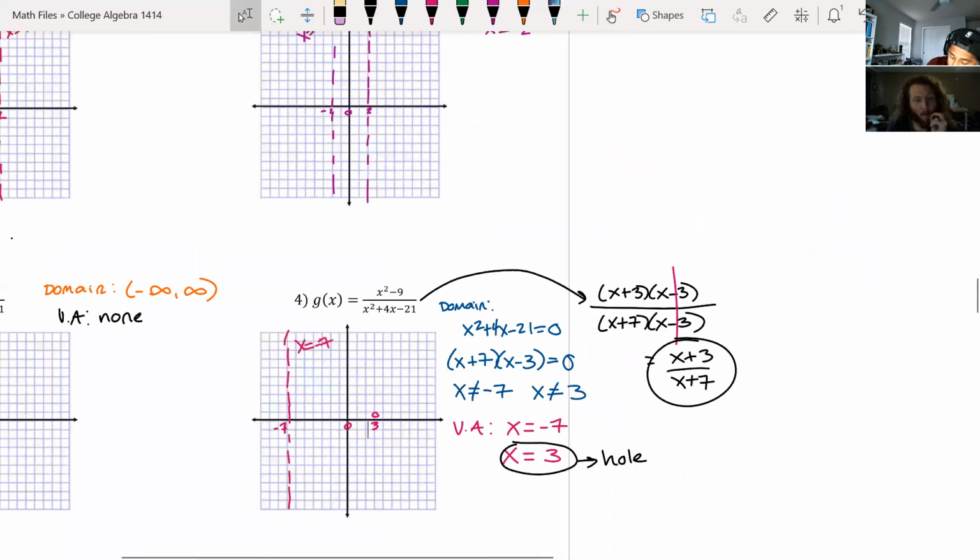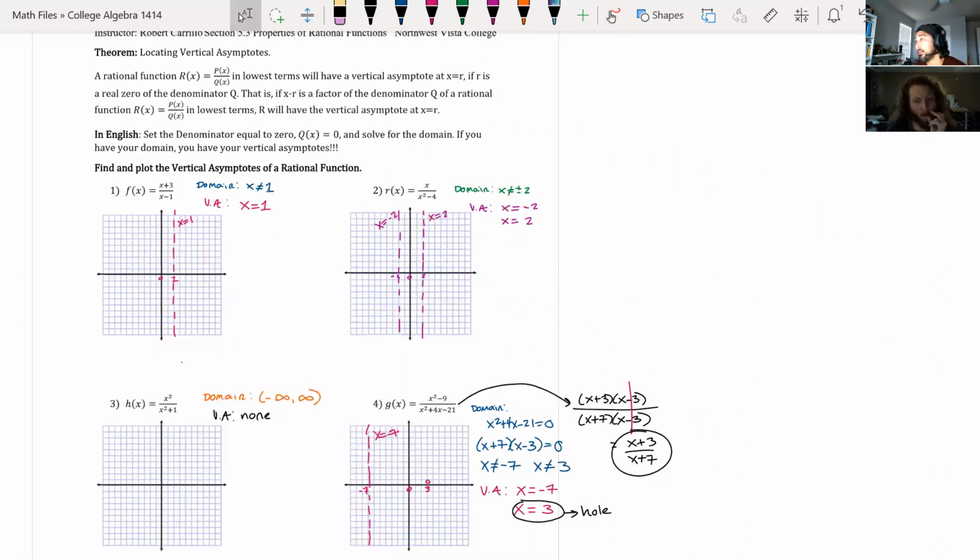So that is finding vertical asymptotes. Definitely simple to remember. If you have your domain, you have your vertical asymptotes. A common mistake students make when finding their vertical asymptotes is they'll say, oh yeah, vertical asymptote is 2.